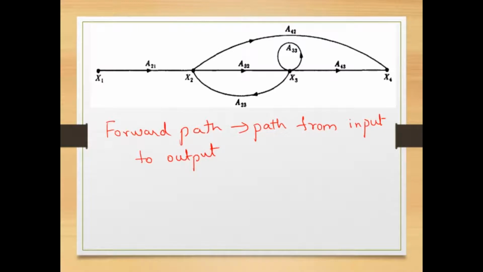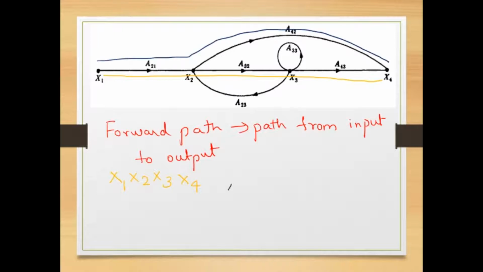One is x1, x2, x3, x4, that is this one. We have one more forward path, that is x1, x2 and directly x4. So this is the forward path. What is the forward path gain? If we consider the first path, x1, x2, x3, x4, we have to consider the gain along that path. The gain from x1 to x2 is A21.